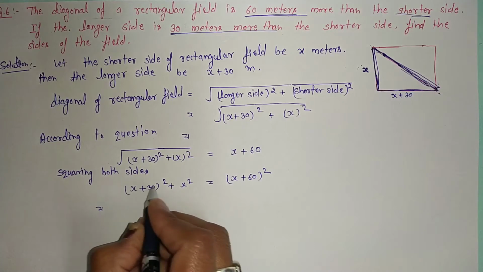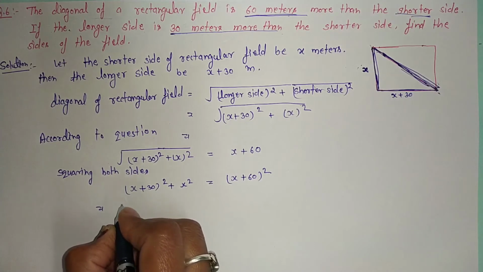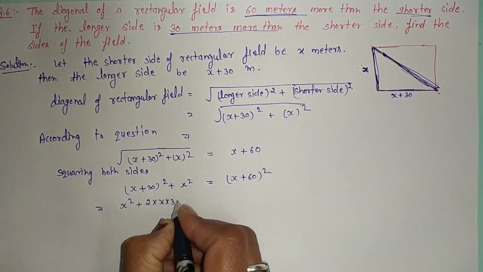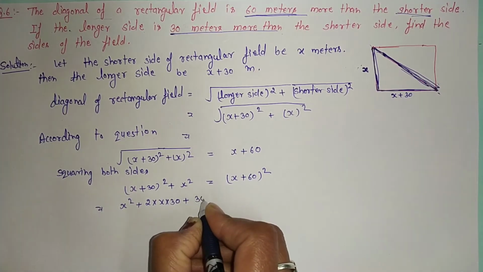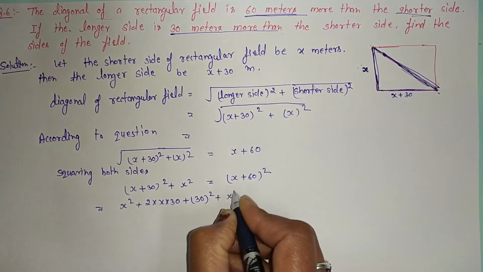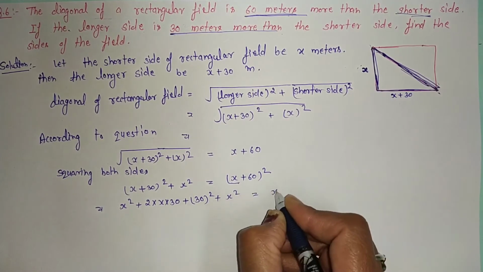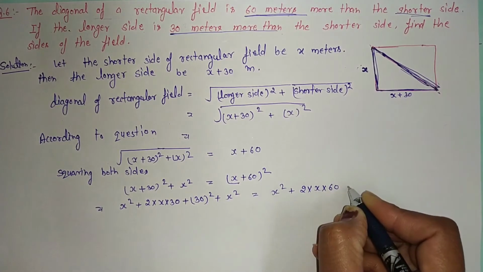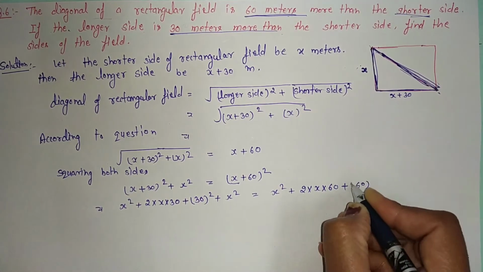Now we find the square of x plus 30. It will be x square plus 2 times x times 30 plus 30 square, plus x square, is equal to x square plus twice x times 60 plus 60 square.